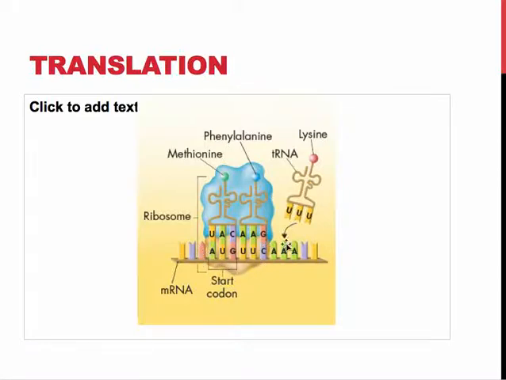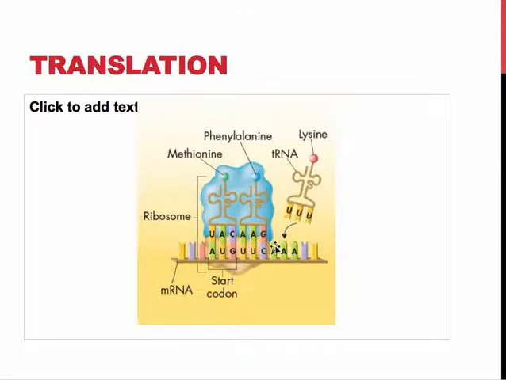Now, as the mRNA passes through the ribosome, a tRNA, which are represented by these guys, is going to bring an amino acid, and it's going to bring the correct amino acid. This is how it does it. If you notice, the tRNA itself has 3 bases attached to it. These 3 bases we call the anticodon, because these 3 bases are going to line up.